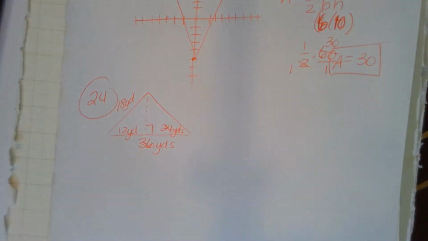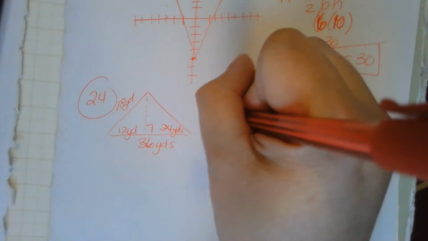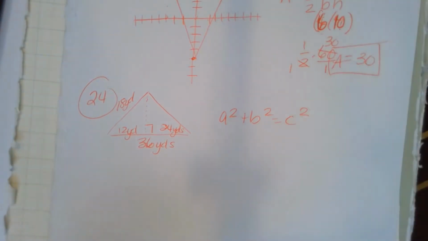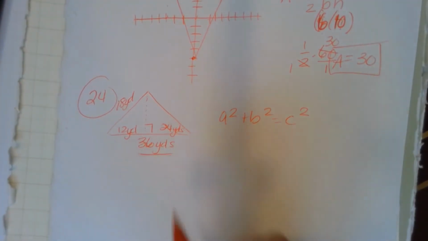All right. So what they want is the area of the triangle, and I'm just going to use the quadratic formula, the a squared plus b squared equals c squared. Okay, because we have the c, we know what that is. So when I plug that in, hang on a second.